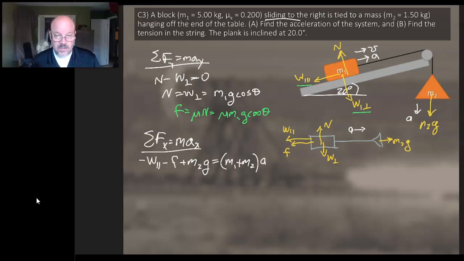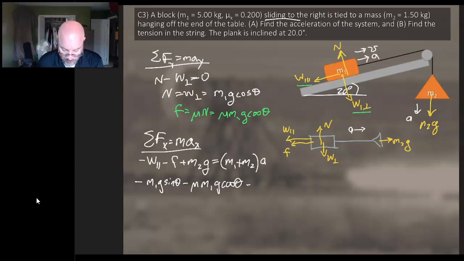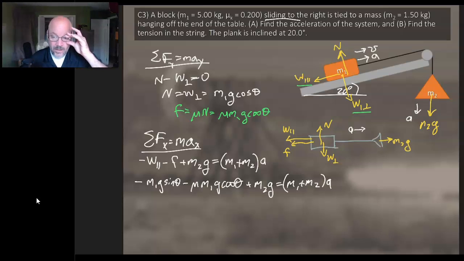Let's expand a little bit. The parallel component of the weight for M1 is M1G sine theta. Then the friction, we put that in, minus mu M1G cosine theta, plus M2G, equals M1 plus M2 times a. Now I'm going to skip several lines of algebra.